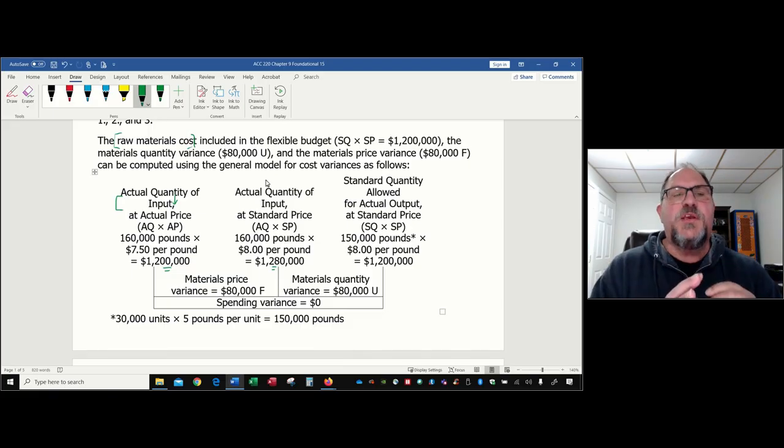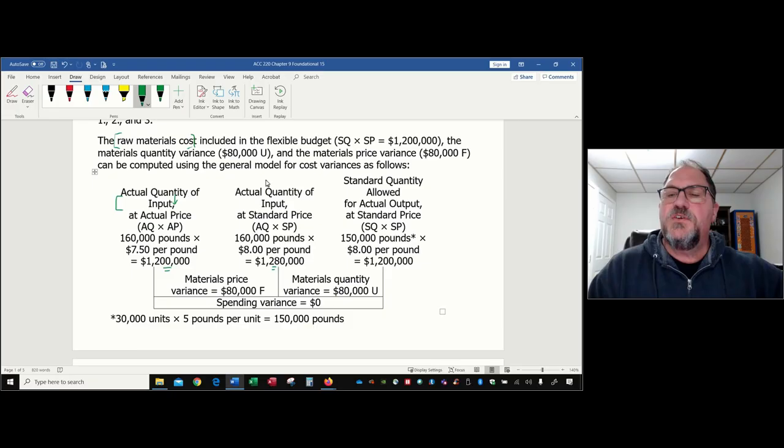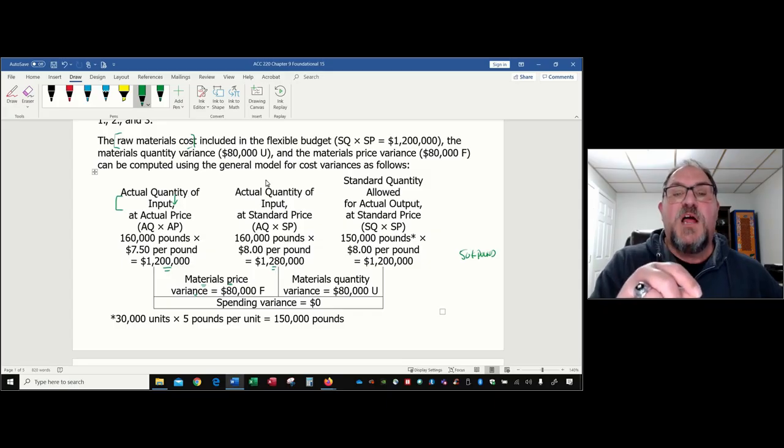So what they're comparing here is, notice that they actually got this stuff 50 cents a pound cheaper. So they actually saved 50 cents a pound. So from a materials price variance, the price that they got was good. So they had an $80,000 favorable variance for the price of the goods, okay?